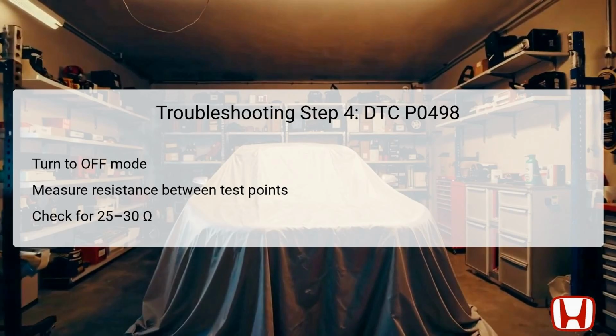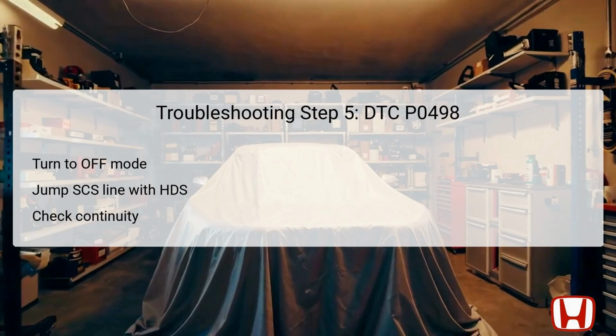If the valve meets this resistance specification, it indicates that the valve itself is functioning correctly, allowing further troubleshooting steps. If the measured resistance falls outside this range, then replacement of the EVAP canister vent shut valve is necessary to resolve the issue and restore proper system function.